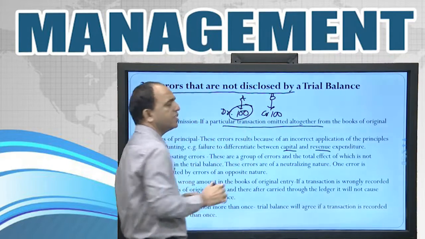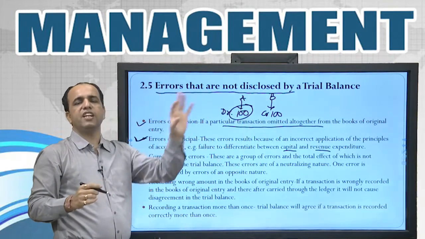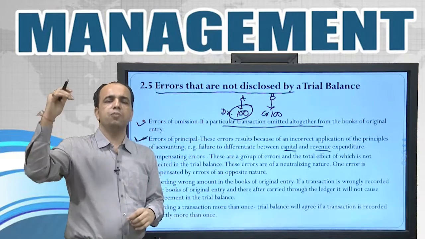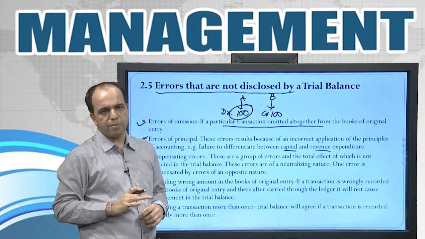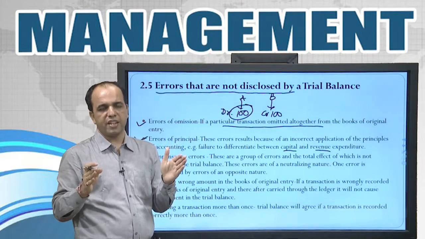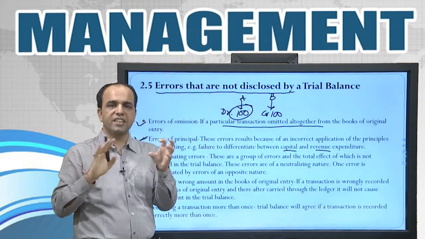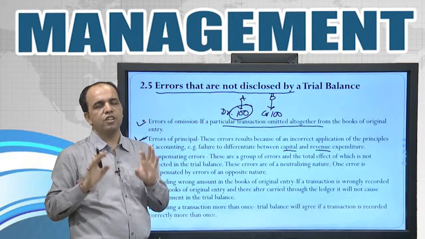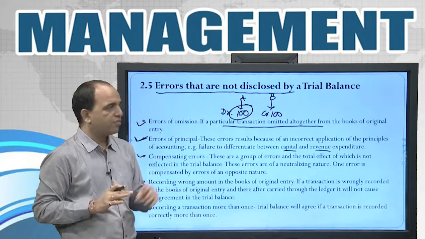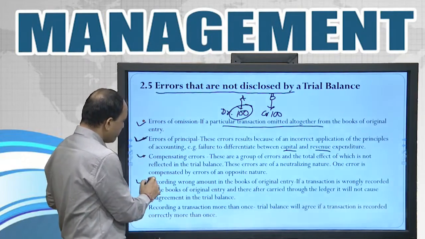In place of A's account, if salary account is debited by 100, and in place of B's account, if discount received account is credited by 100, then friends, both are wrongly debited and credited, but they compensate the effect of debit and credit. So ultimately it will allow the trial balance to agree, which is difficult to find out.